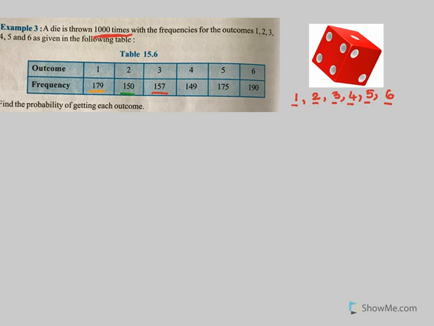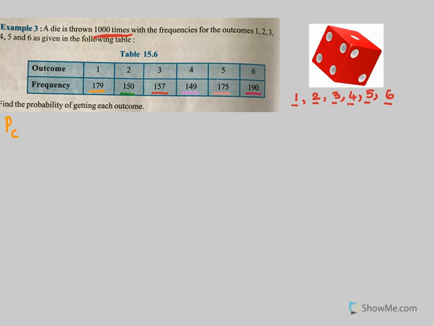The number 4 came 149 times. The number 5 came 175 times. And the number 6 came 190 times. And we need to find the probability of each. Let us start first to find the probability of the first event.